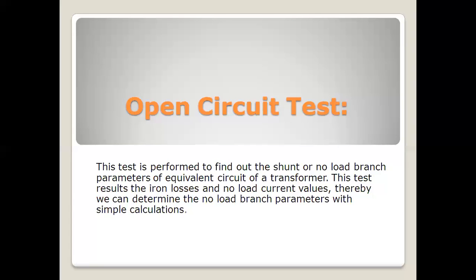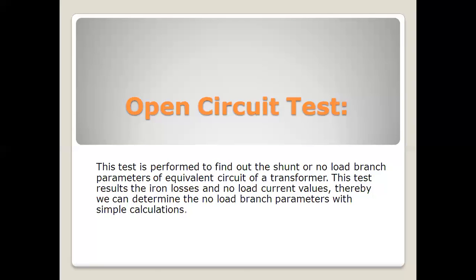This test is performed to find the shunt or no load branch parameters of the equivalent circuit of a transformer. We find the no load current component that we have already seen, and the two parts of the no load current component, IC or IW and IM, are also measured from the open circuit test.